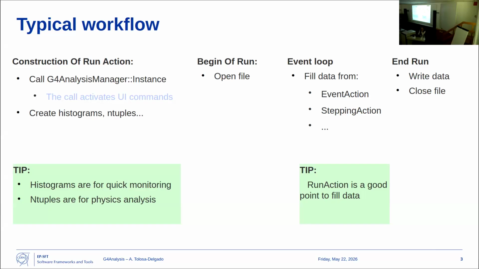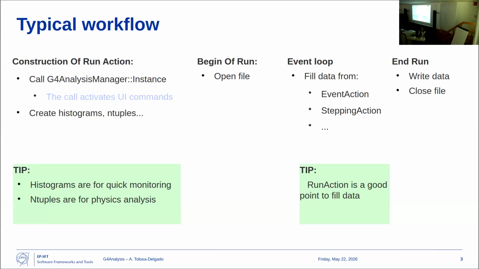And it can be the responsibility of the run action to then call the analysis manager and add the entry, or in case of a histogram, which is actually what we will do, simply fill the histogram. And then at the end of the run, we have to write the data and close the file, which is literally calling the Write and Close functions of the G4AnalysisManager.